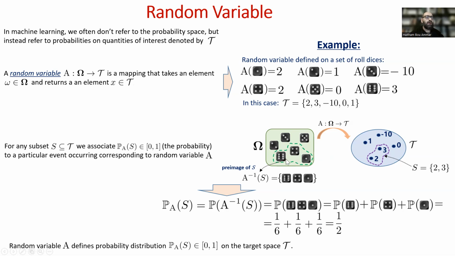So in other words, what are the omegas that would have led to 2 and 3? And then we said that that random variable A will define a probability distribution over the S on the target set T that we're interested in. So for that random variable A, you will be able to define a probability on S, and the way you would define that is via the pre-image of it, as we did in this example.